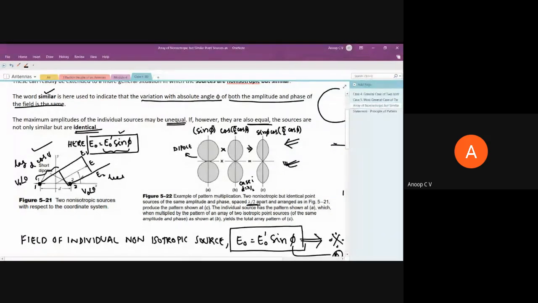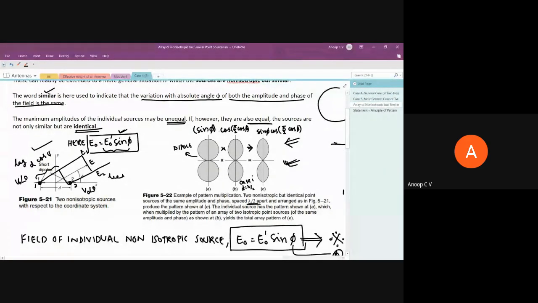Normalized field of individual array element is sine phi, and the array factor or normalized field of the same two isotropic point sources which are located at same points, and which are fed with same amplitude and same phase, right? So this is the case.